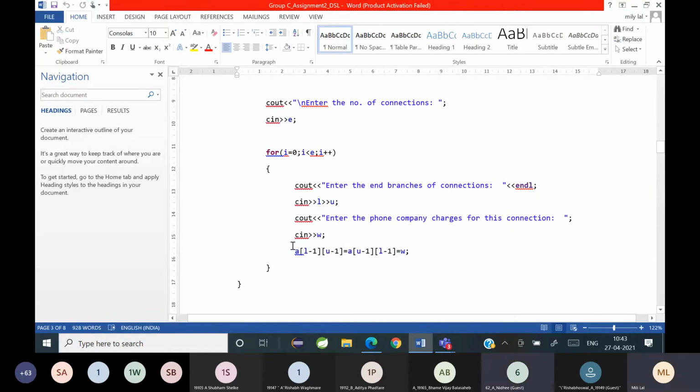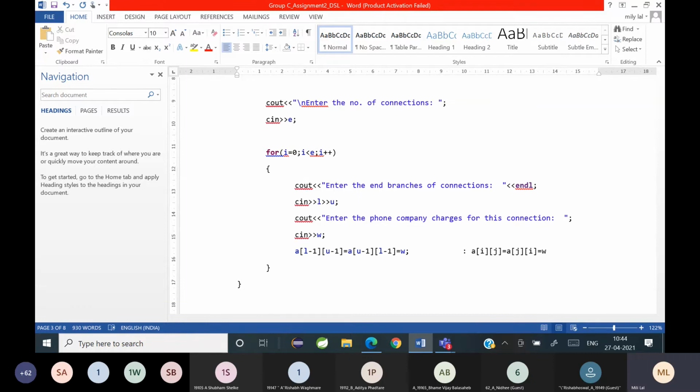Does anyone understand anything from this line? It is an undirected graph. Yeah, it is an undirected graph. So what does it mean? I'm just writing it here, I'll delete it later. If Aij is equal to Aji, both are going to have the same weight.